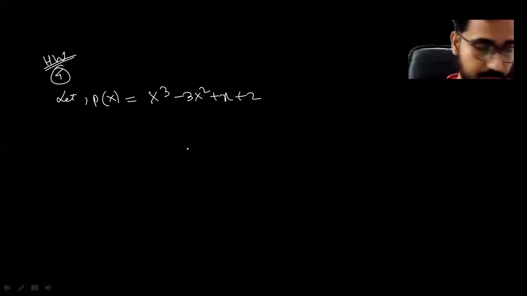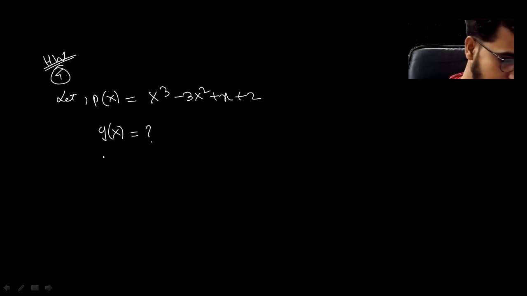Now see, suppose one polynomial is given. Suppose px equals x cube minus 3x square plus x plus 2. This is the px, and this polynomial px is divided by a polynomial gx. We have to find gx, and the quotient is given.